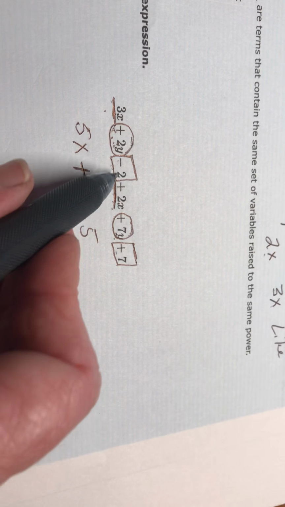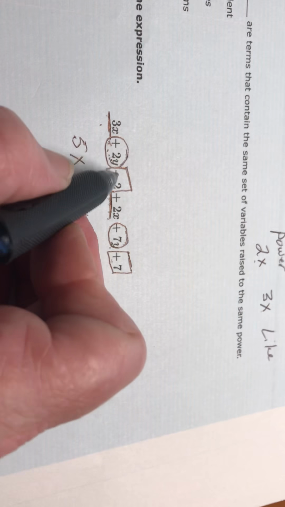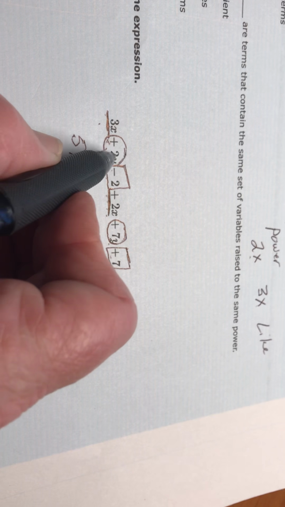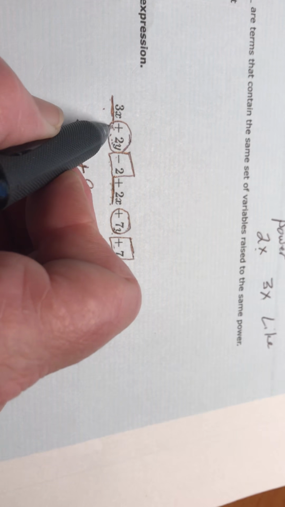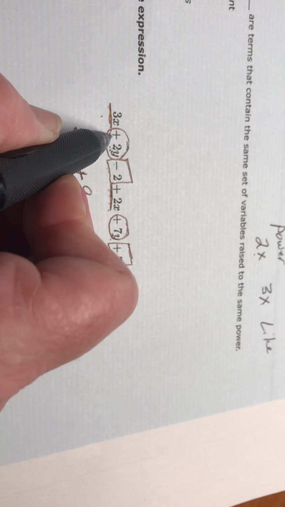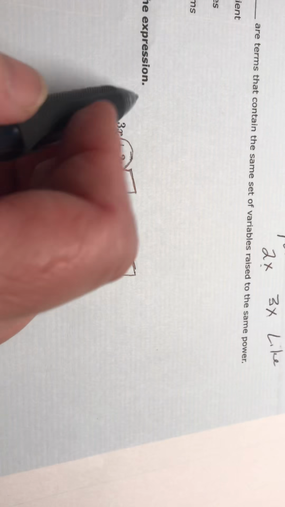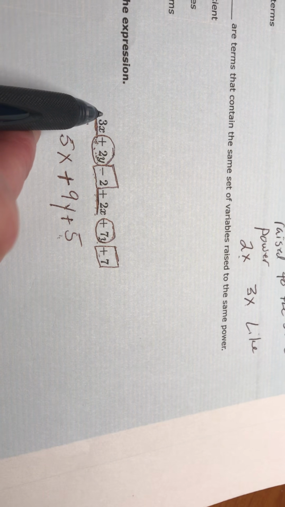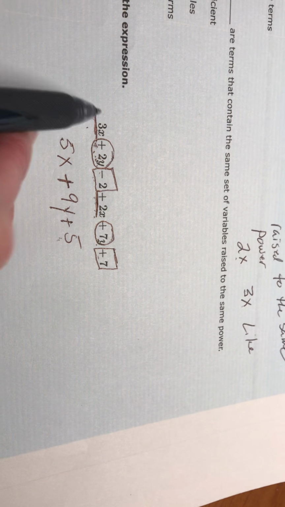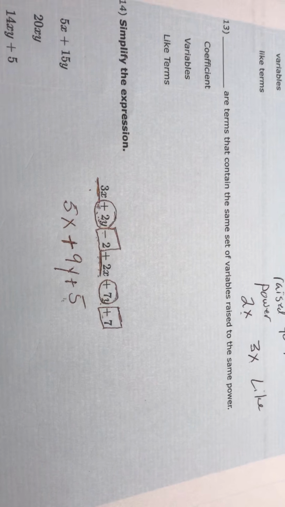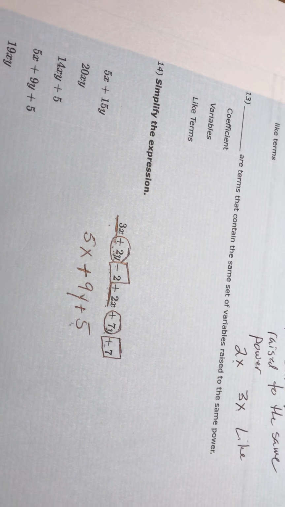That's why I got this 5. So it's really, really important to take the symbol that's right in front of the term with it so that you get the right signs. If there's no negative here, it's a given that it's positive. Okay? So that is simplifying expressions.